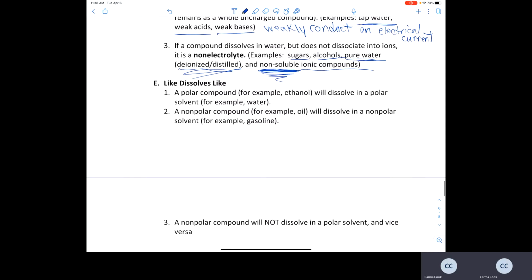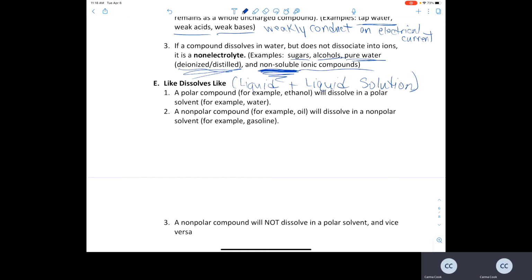And so if you have a liquid plus liquid solution, then whether or not the two liquids will mix in each other and therefore be miscible in each other will depend on if they like each other or not.